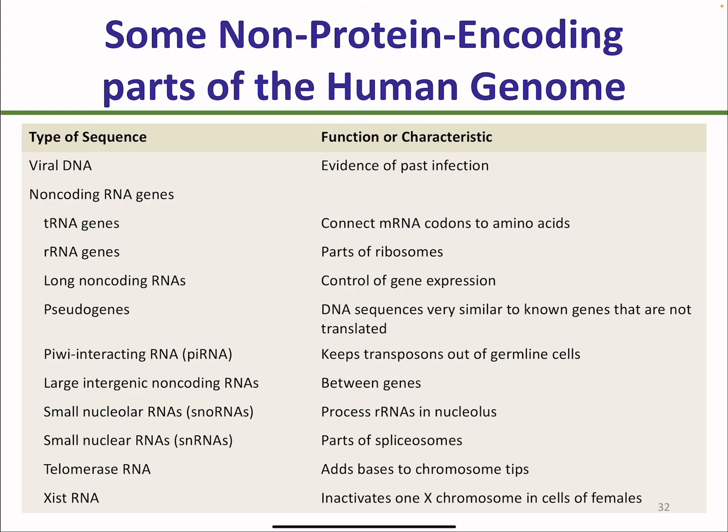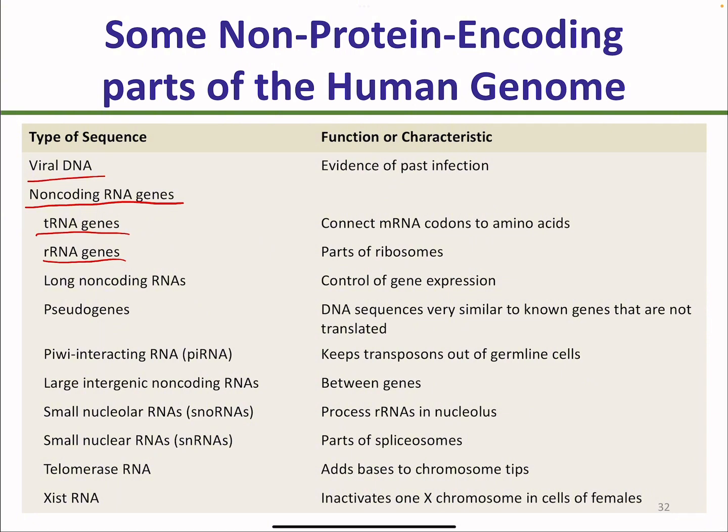All right. So this slide is basically listing a lot of the different things that are part of the genome that do not account for proteins. I'm not going to bug you with this list, it's just for your information. We have the viral DNA, the non-coding RNA genes, the transfer RNA genes, and ribosomal RNA genes.